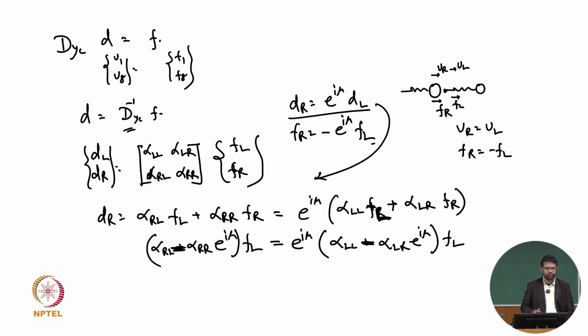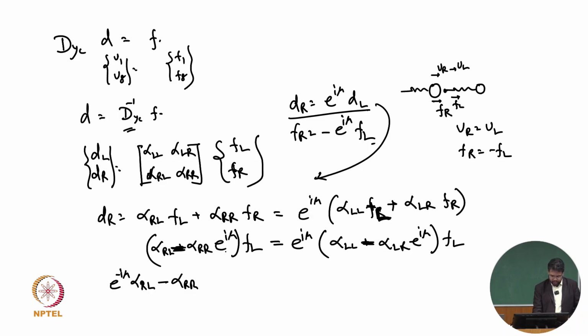Agreed? Now if you see both sides, we can go one step further. First we can divide by e to the power of i mu and write it, so e to the power of minus i mu this plus, minus e to the power of alpha RR.